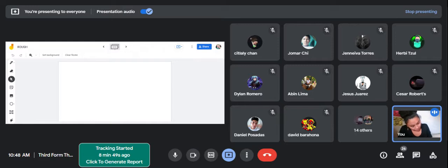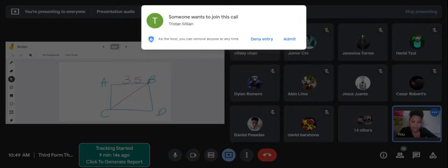So this question gives us a shape, and this shape is A, B, C, D. The question says that AB is 3.5, so I'm going to write 3.5 over here. BC is 3.8.